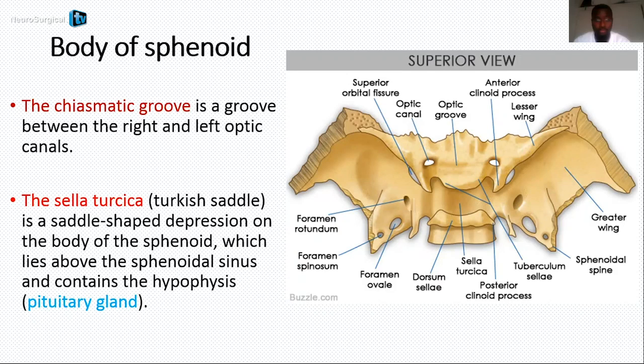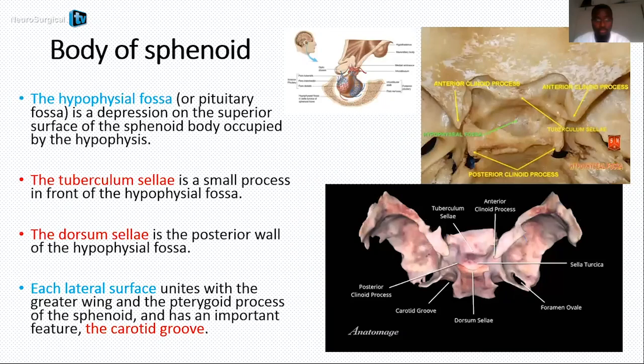The hypophyseal fossa is a depression, as you can see here, on the superior surface of the sphenoid body, where you have the pituitary gland, like here. And you have the tuberculum sellae.